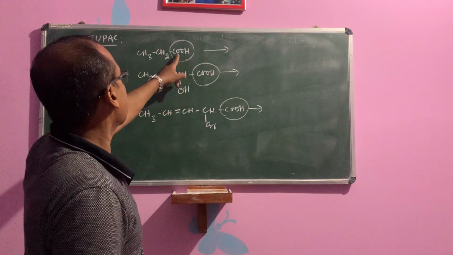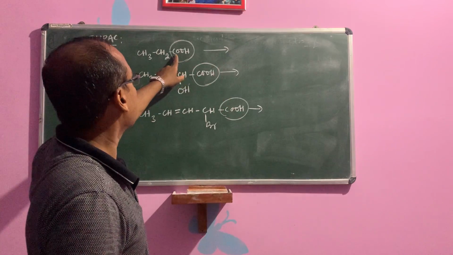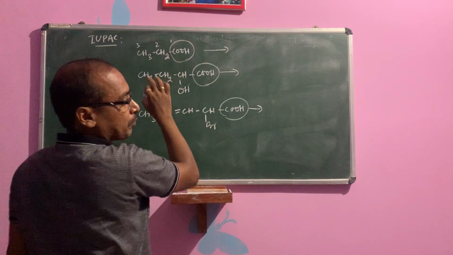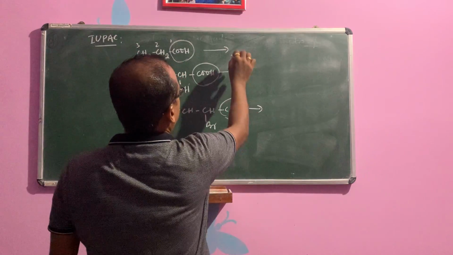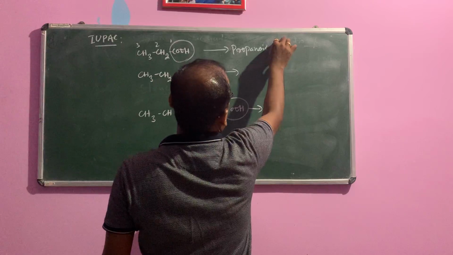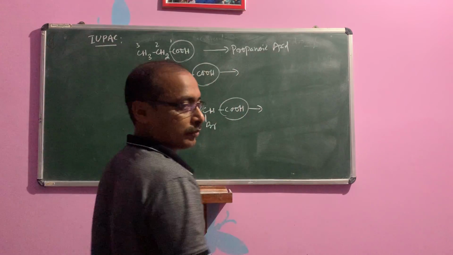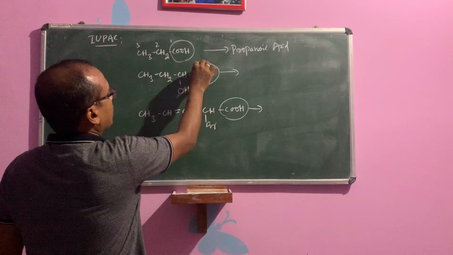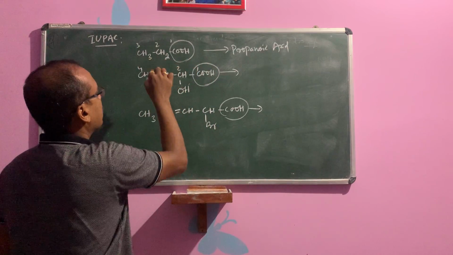So first you count the carbon atoms including the functional group: 1, 2, 3. Prop. So propanoic acid, or prop-1-noic acid. That is position one. Similarly, 1, 2, 3, 4.